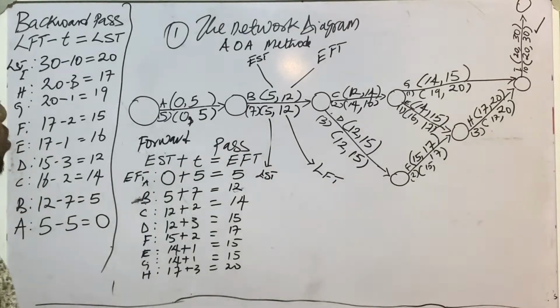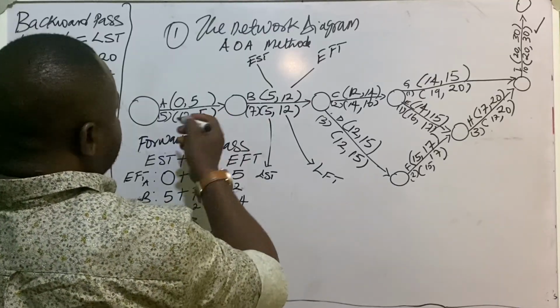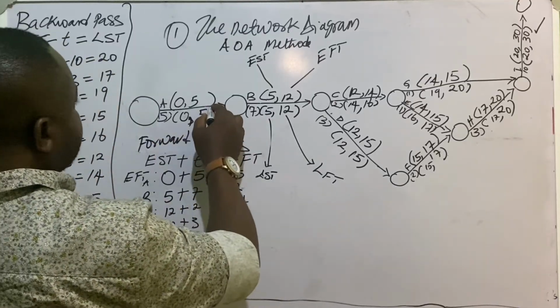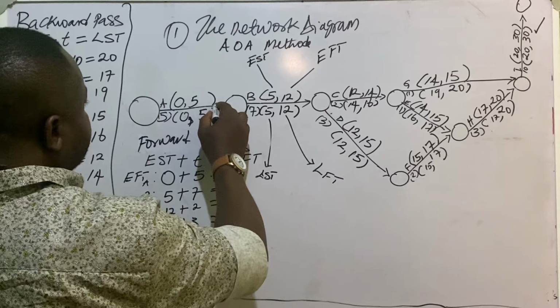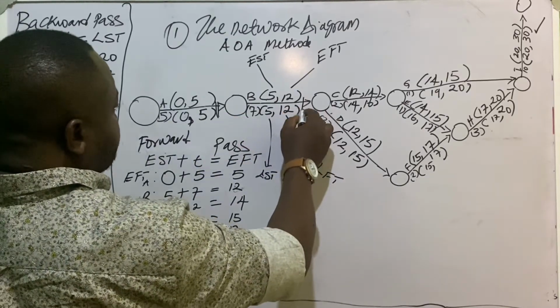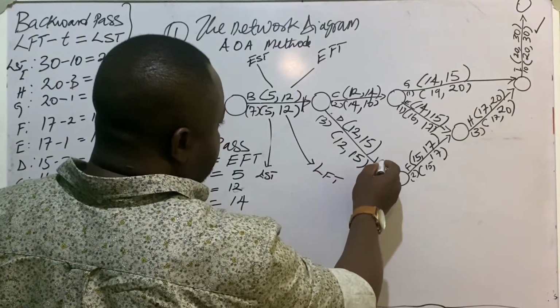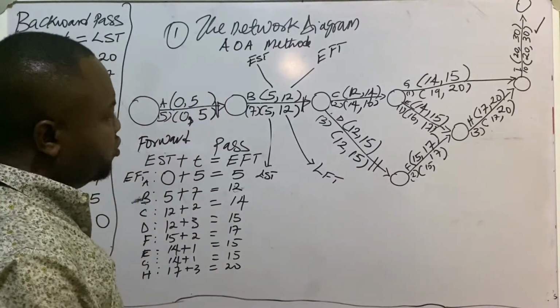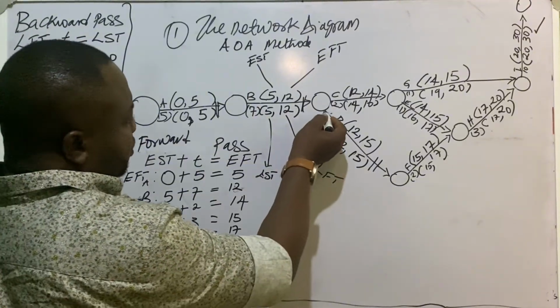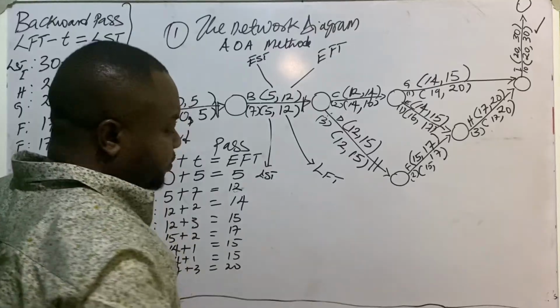So what we do is use a double strike to indicate activities that lie on the critical path. This is one. This is another one. This is another one. Should I use double strike or tick the arrow? Ticking the arrow, maybe double the arrow.